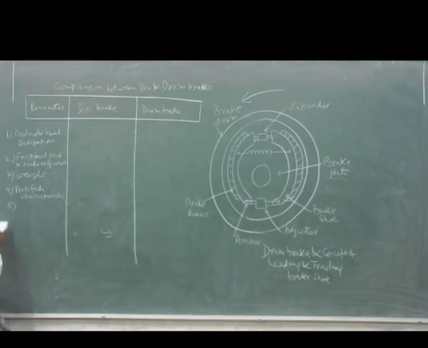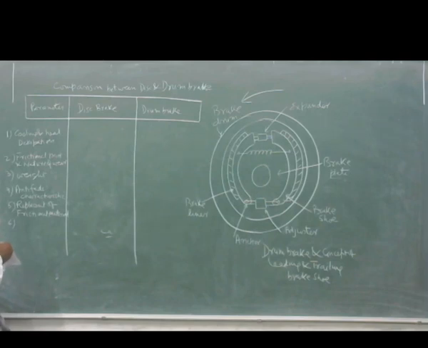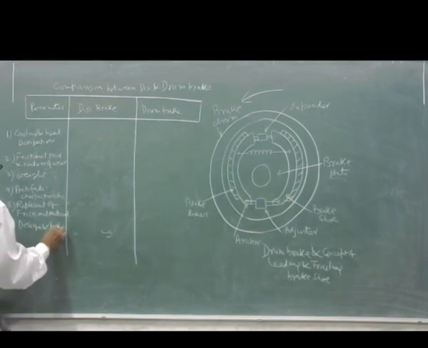Fifth point, replacement of friction material. Sixth point, design and initial cost. Seventh point, temperature effect and stability.